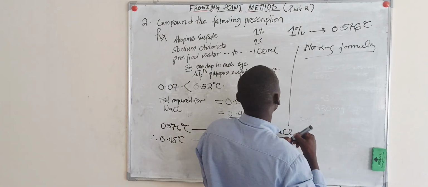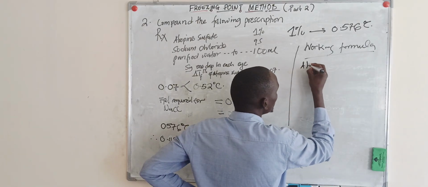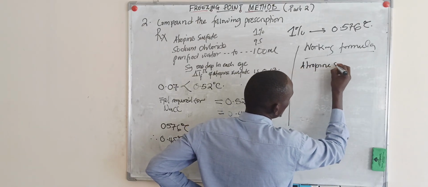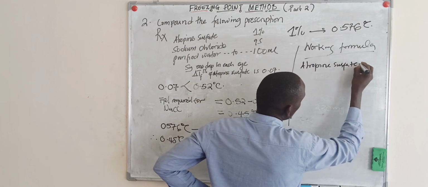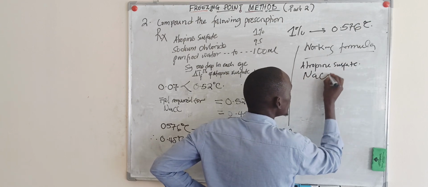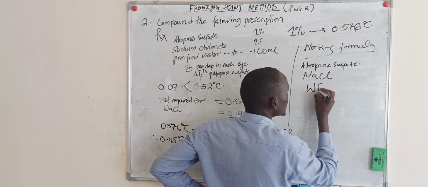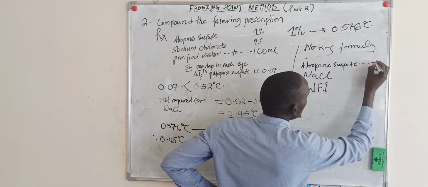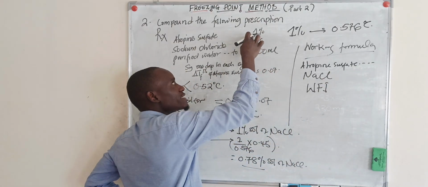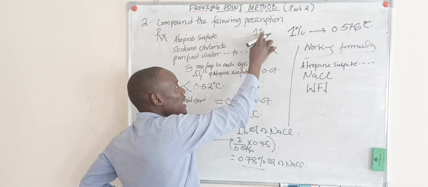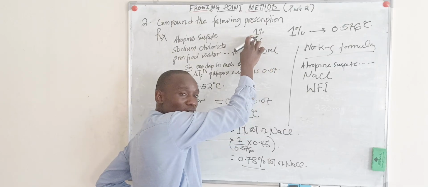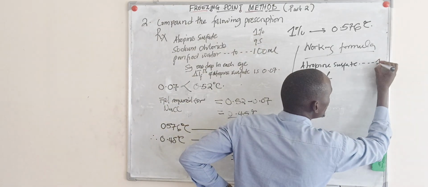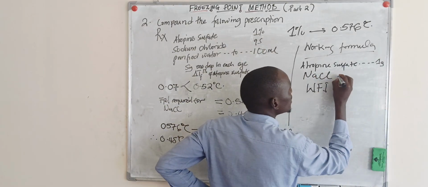We shall have atropine sulfate, sodium chloride, then water for injection. Atropine sulfate, it is 1%, because when we say 1 out of 100 times 100, we shall get 1 gram. So we shall have 1 gram of that.